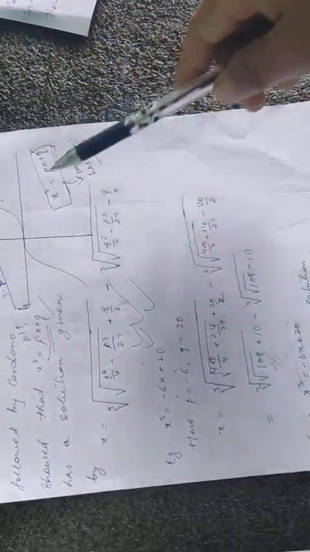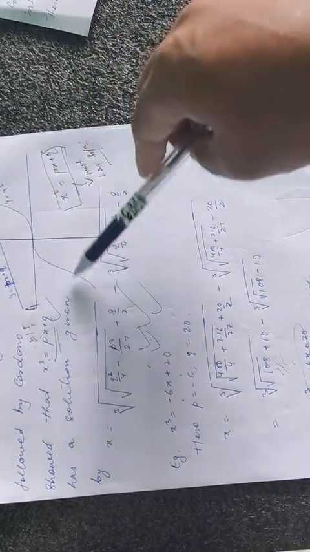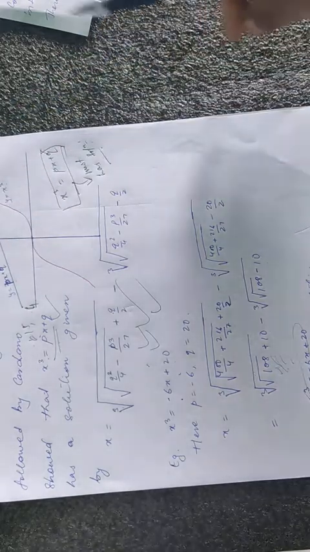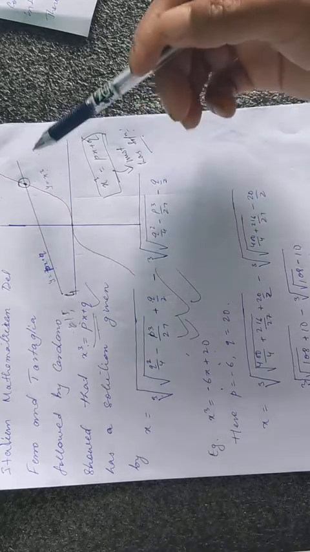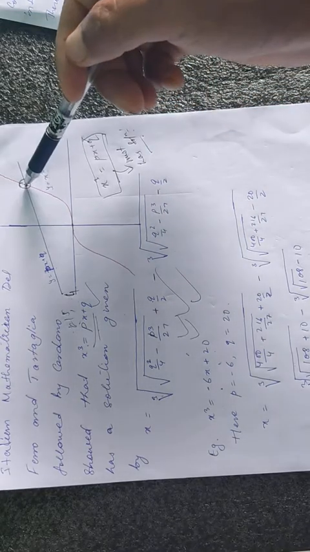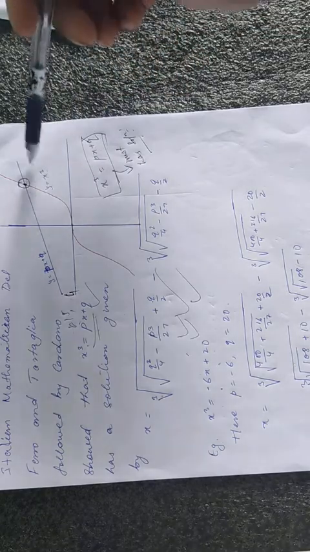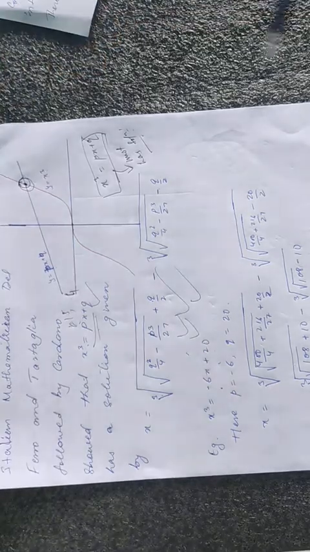This is the curve of y equal to x cube, and this is y equal to px plus q. This line always intersects the curve at a point, which means it has at least one solution at this intersection point.